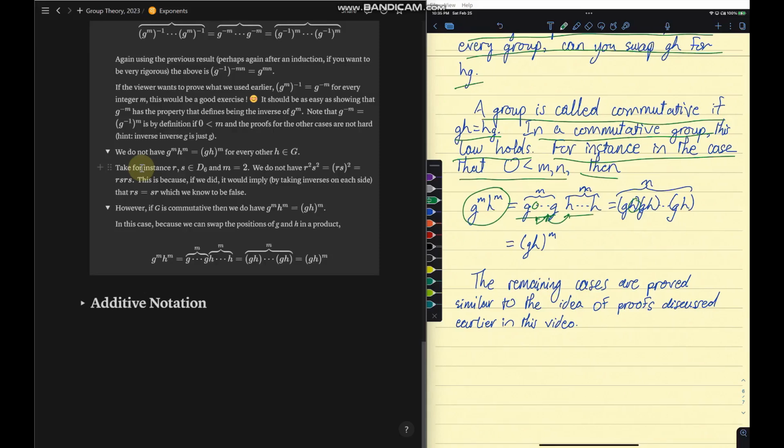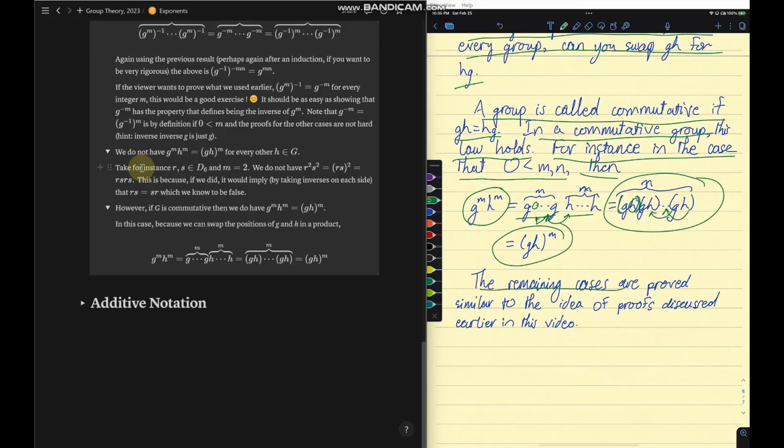And then we can do it again, pulling another h over here and pulling another h until eventually every h gets paired up with g. And we know that they pair perfectly because there are m of them in each. And then we write these parentheses for emphasis, not because they're necessary, but we know that there are m instances of this product gh, and therefore, by definition, it's equal to that.